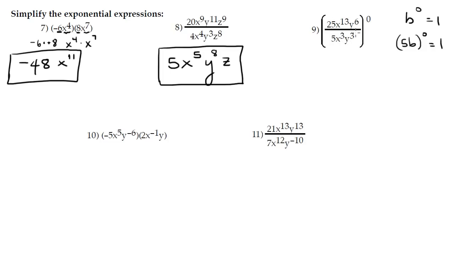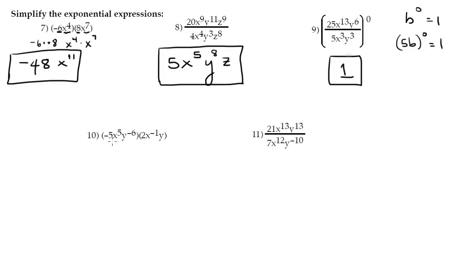Even if I have 25x to the 13th y to the 6th over 5x to the 3rd y to the 3rd raised to the 0 power, still 1. I can raise an expression with 57 factors or 57 terms if I'm adding or subtracting. Anything I raise to the 0 power, 1, except 0 to the 0 power, but whatever.